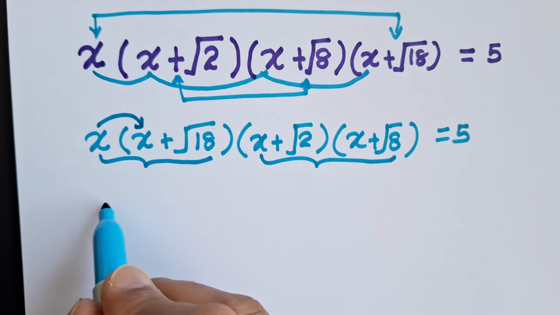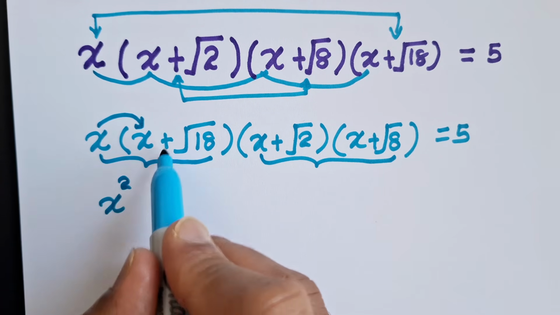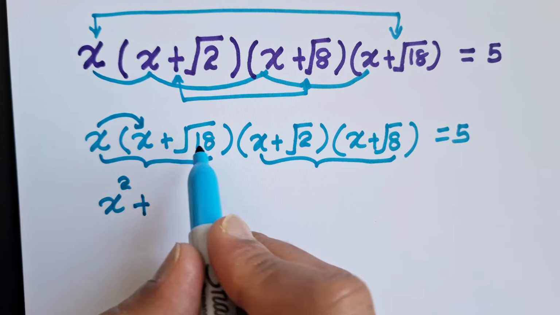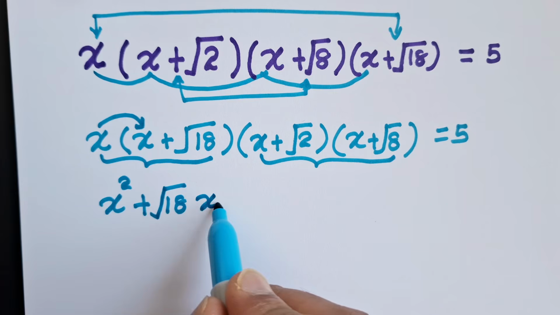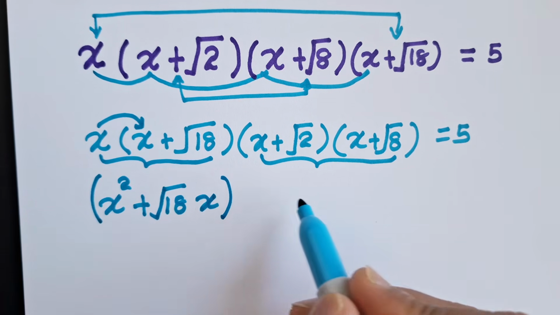Here x times x is x squared. We have plus x times square root of 18, square root of 18 times x, in the parentheses.